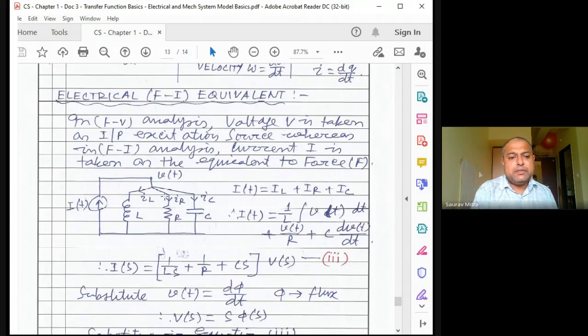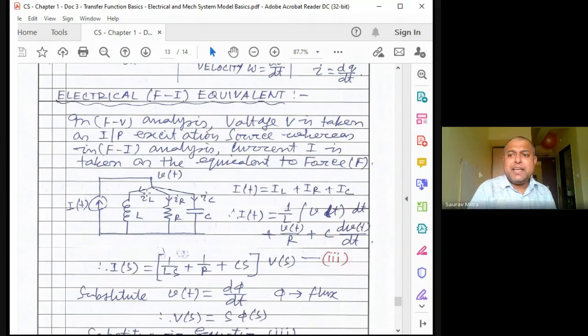Previously we knew that the inductive voltage VL is equal to L, the inductance, into diL/dt. That is, inductive voltage is equal to inductance into the differentiation of inductive current.